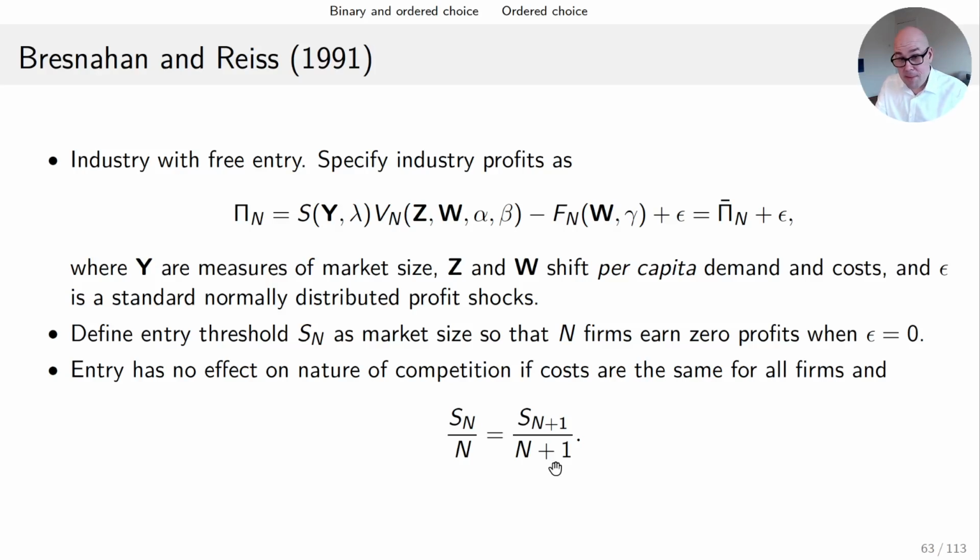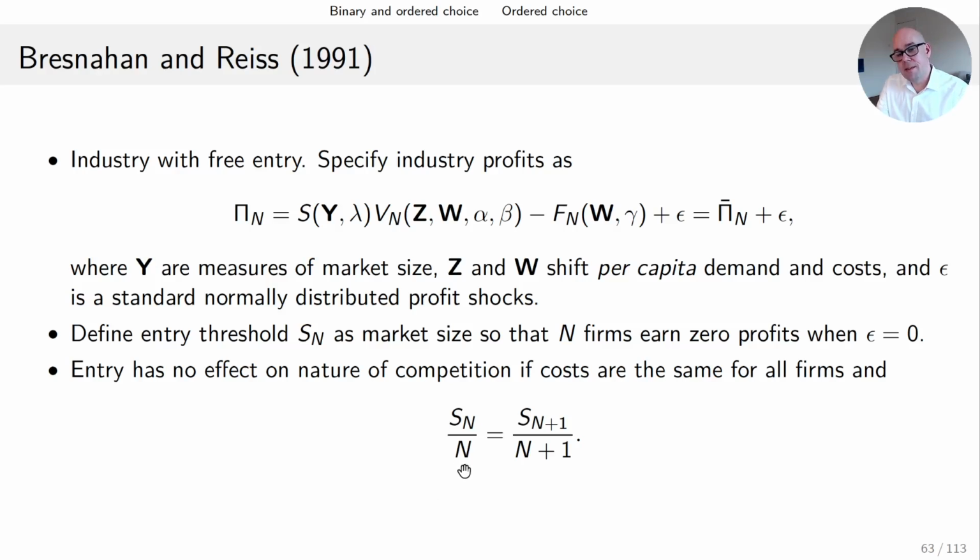So I'm looking at a slightly bigger market and a slightly smaller market. In the bigger market, I have n+1 firms. In the smaller market, I have n firms. I do estimate that model, and we'll see in a minute how that works.